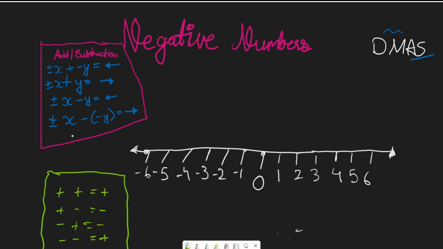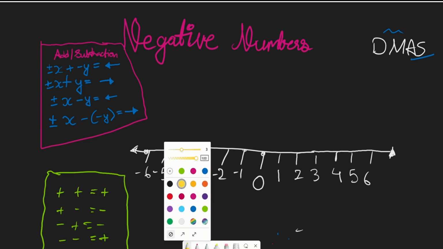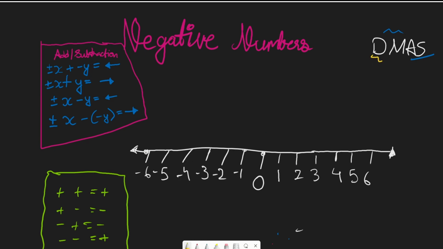In addition and subtraction, if there are numbers in between, this rule does not apply, right? So when we consider division and multiplication, after all, division is just multiplication with the reciprocal, right? Divided by x is multiplication with the reciprocal.